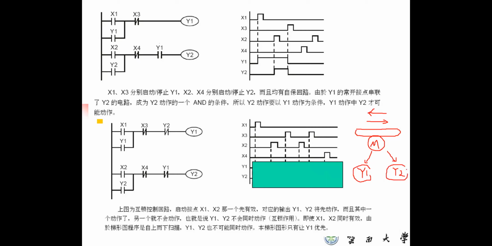So it is impossible for these two signals Y1, Y2 to equal one at the same time. So we can use this program to control the belt running from left to right or from right to left.